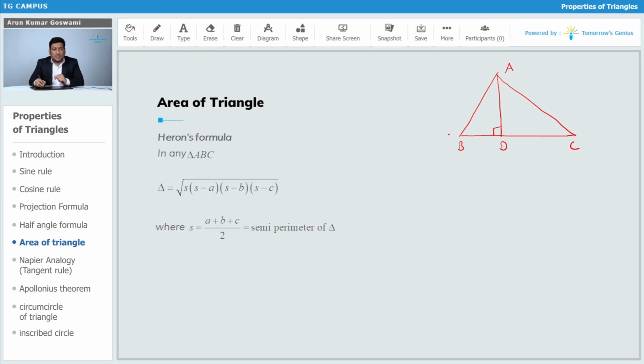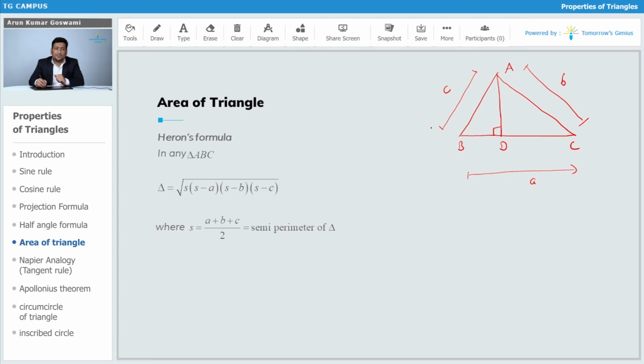As we are discussing the scalene triangle, side BC is represented by small a, opposite of angle A, and side AC is represented by small b, opposite of angle B, and side AB is represented by small c. So now we have to prove this formula.